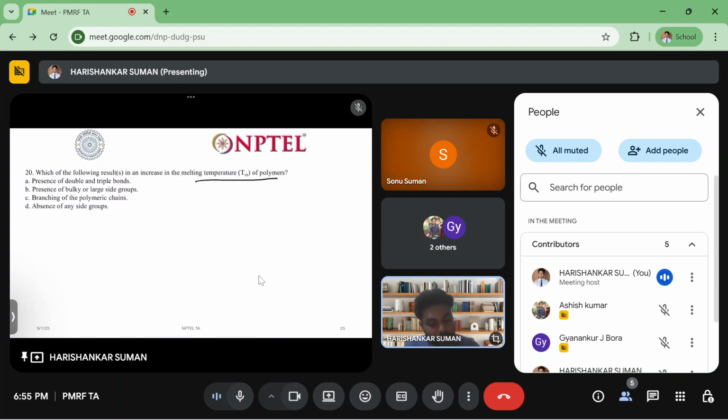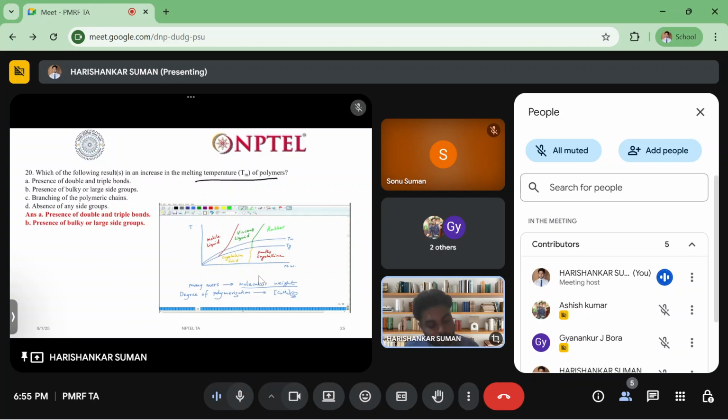So presence of double and triple bonds and presence of bulky or large side groups increase the melting temperature, Tm.